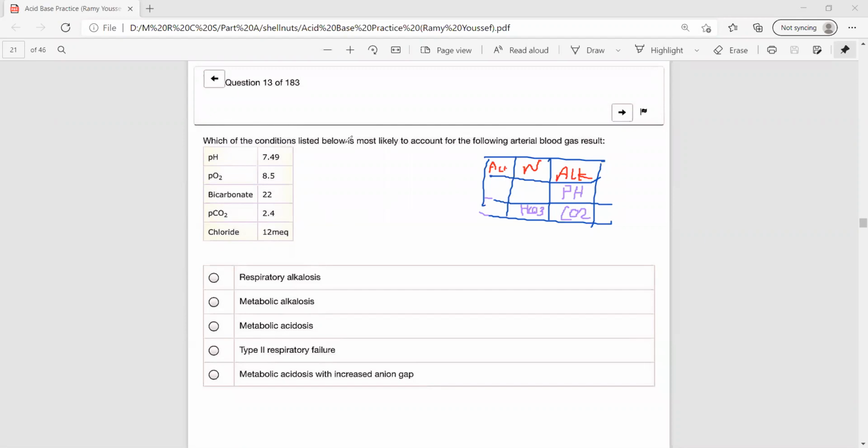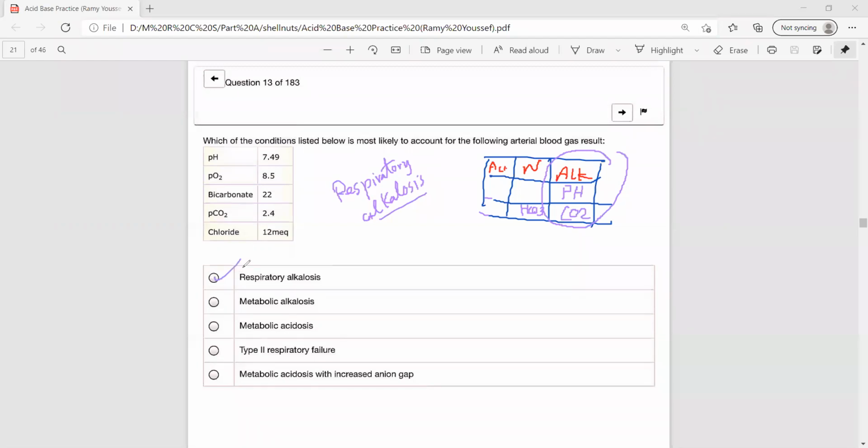So, which of the conditions below is most likely to account for the following arterial blood gas? What is the abnormality here? Respiratory alkalosis, uncompensated. Okay, let's go to the conditions here.